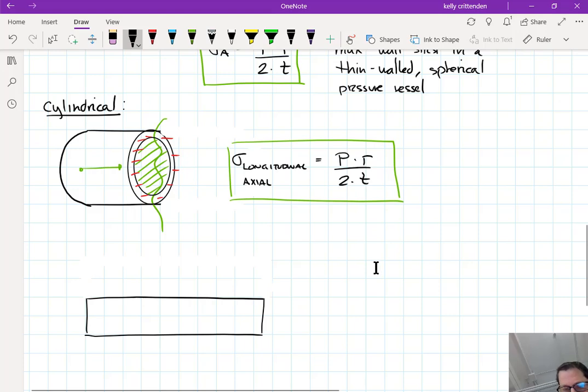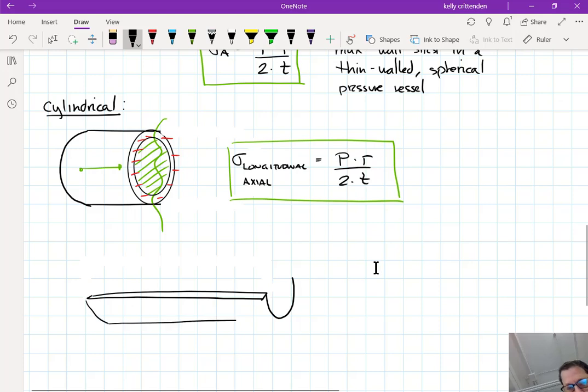Now I need to modify this to make it look like a pressure vessel, because it's round, or a cylindrical pressure vessel. Oh, wow, that's confusing me. Let's get it better.